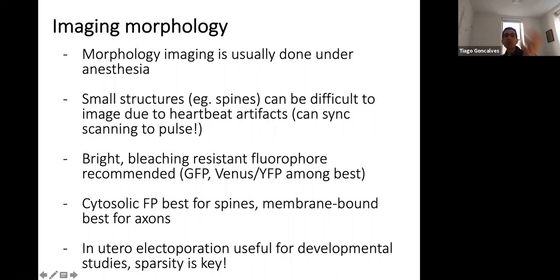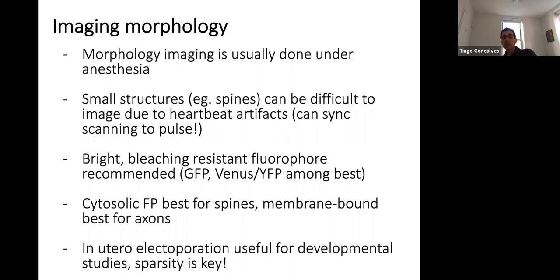Whenever you do this imaging of morphology, you want to use bright, bleaching-resistant fluorophores, say a GFP or a Venus or YFP are among the best. So as stable as possible. If you're imaging spines, you want to use cytosolic fluorescent proteins. If you're using axons, it's best to use membrane bound.